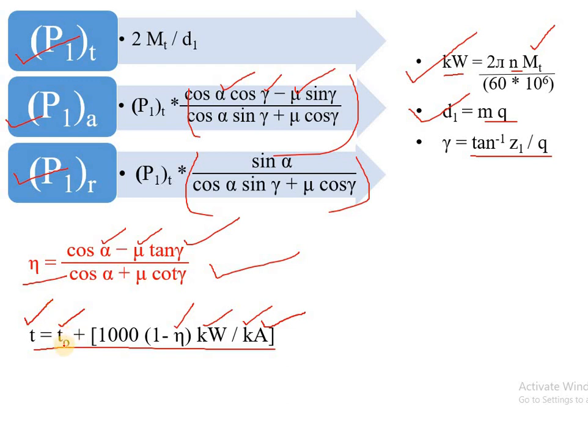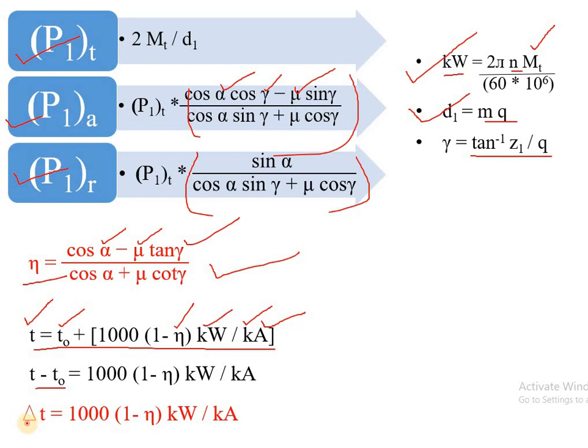T0 is the temperature of surrounding air and T is the temperature of the lubricant oil which is used. So using this formula you can simplify it. You can take T0 over here, and this difference is nothing but the rise in temperature, which is equal to this formula. By substituting, you will get delta T. So it is very simple for 12 marks, and you can easily achieve these 12 marks.